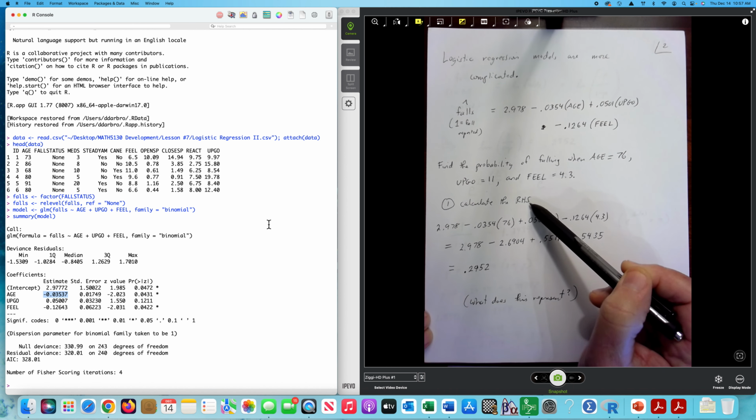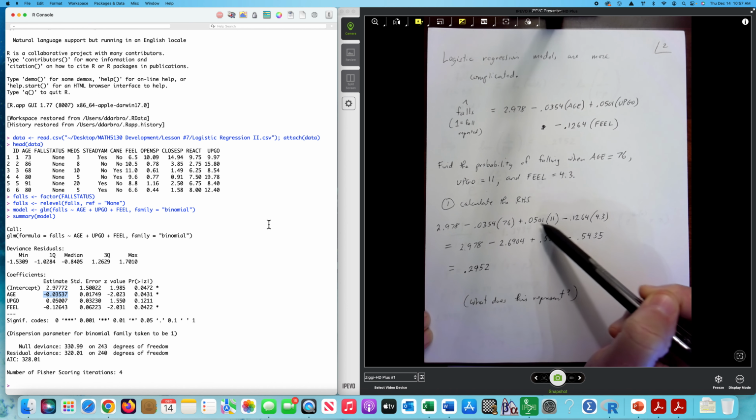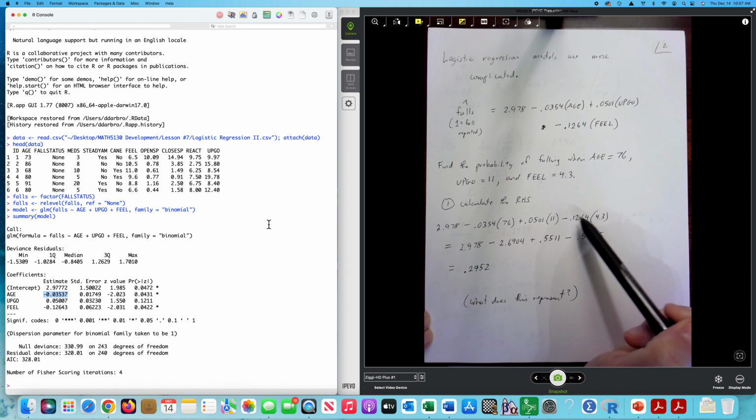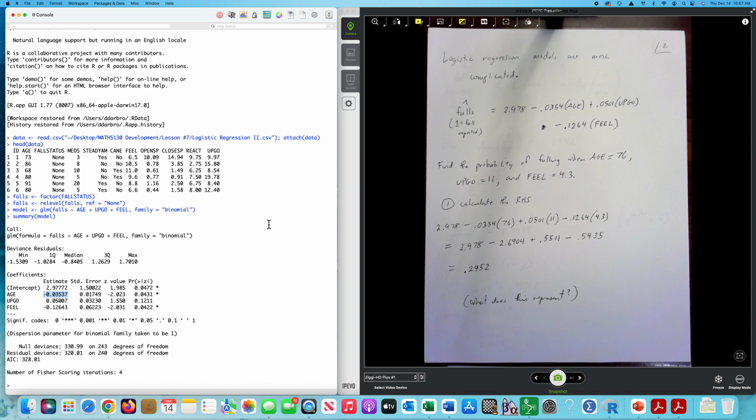It's easy for me to calculate the right-hand side. The right-hand side is calculated by inserting the 76, the 11, and the 4.3 into the coefficients that correspond with age, upgo, and feel. So I get down to 0.295, and what does that represent?